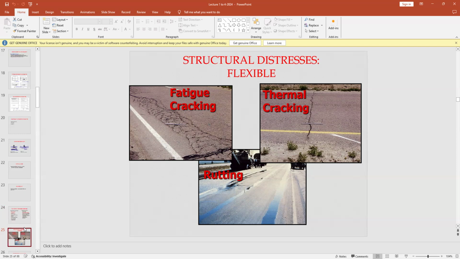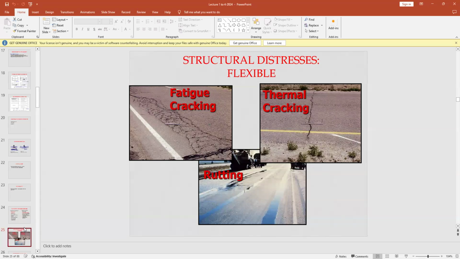In flexible pavement, there are three types of cracks that can fail your pavement. One is called fatigue cracking, meaning from excessive loading combined with temperature, your pavement fails.